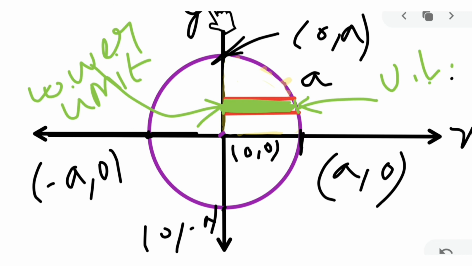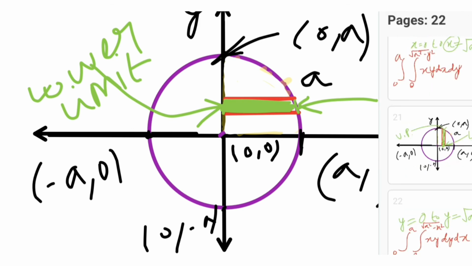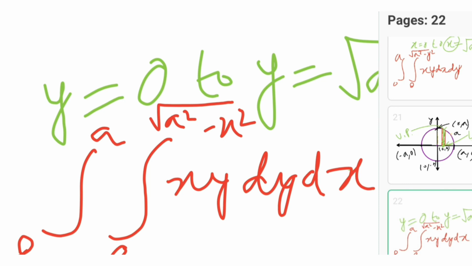So now let's move on to the fourth step, that is the last step. Here we need to integrate. So I'm just integrating for the horizontal strip because it will be similar type. The integration will be of similar type for the horizontal and vertical strip.